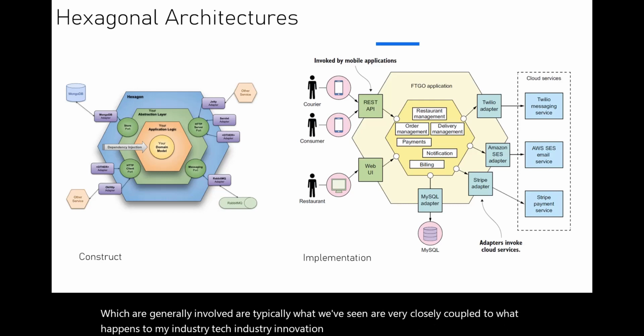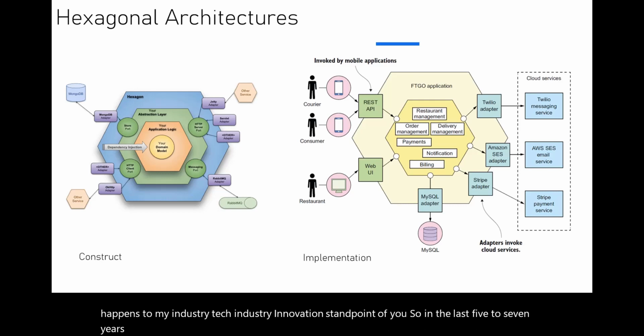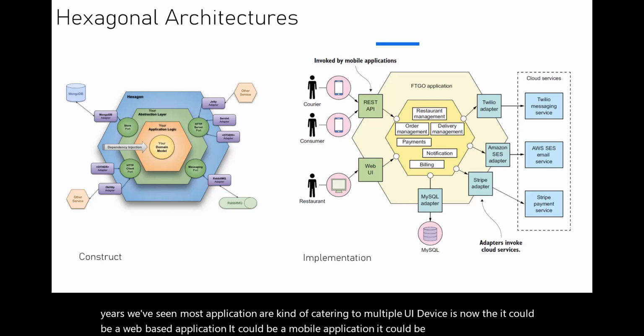So in the last 5 to 7 years, we've seen most applications catering to multiple UI devices. It could be a web-based application, a mobile application, or an IoT device-based application, which is forming as an input.